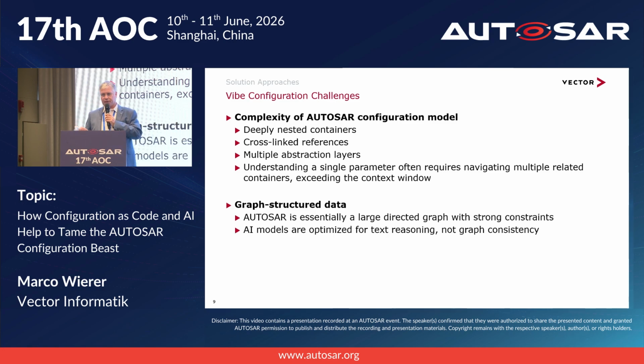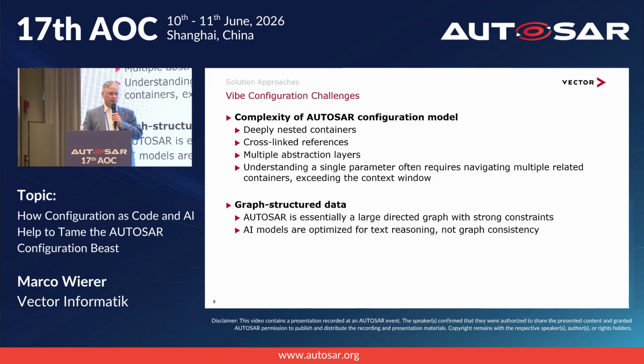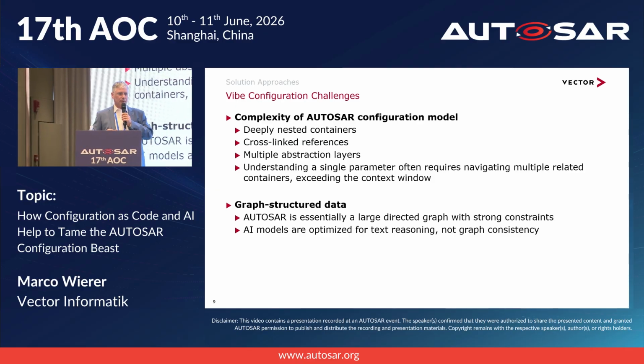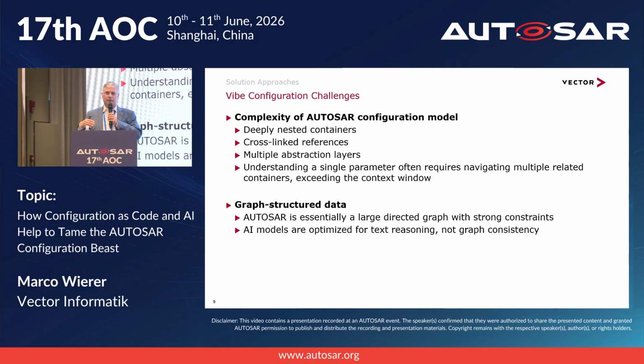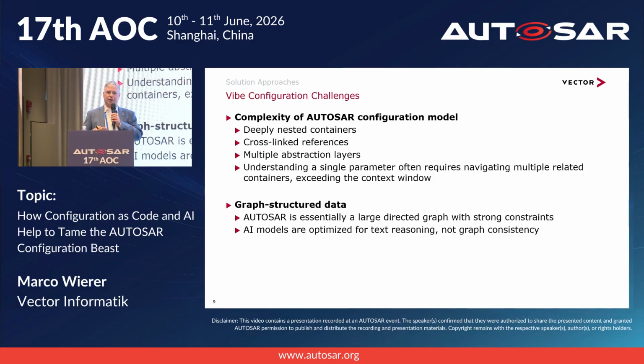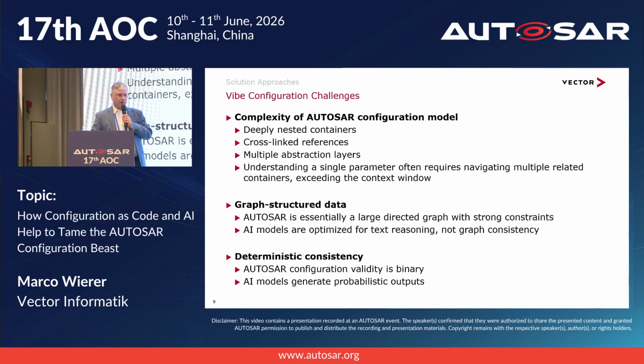The second topic is that ARXML is basically graph structured data with very strong constraints. And the AI models are optimized for text reasoning, but not to follow these graphs. And last but not least, we have an inherent contradiction.